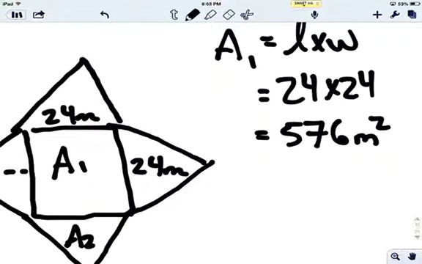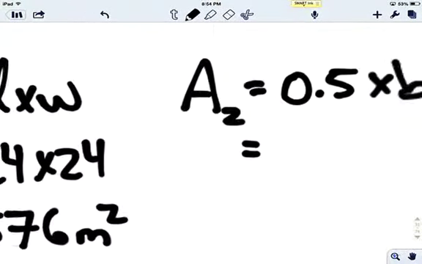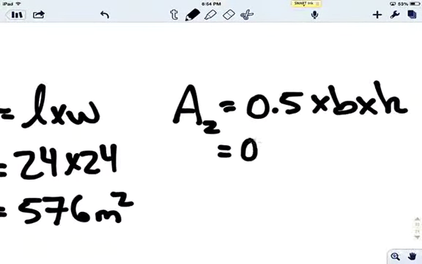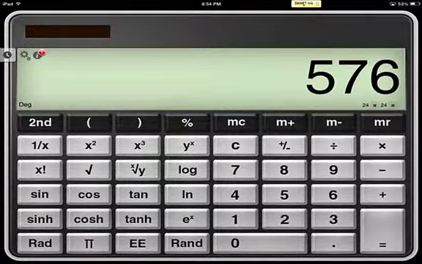That's how long the base is. Again, that 24 is referring to the distance from here to there. And the height is 16. So we have 0.5 times 24 times 16. So let's figure that out.